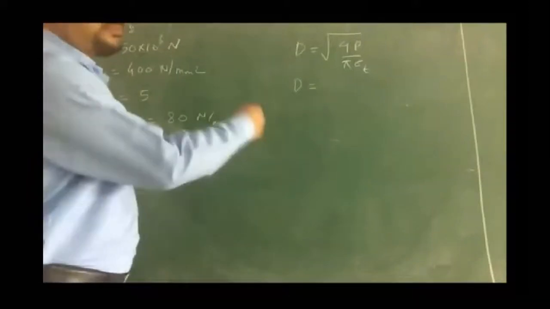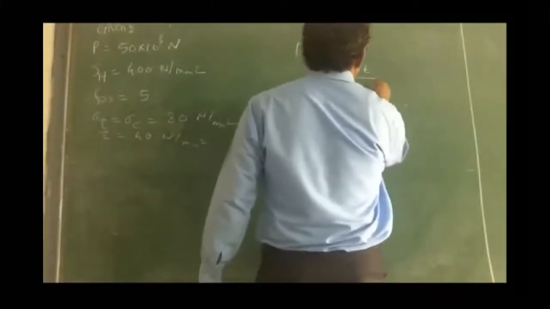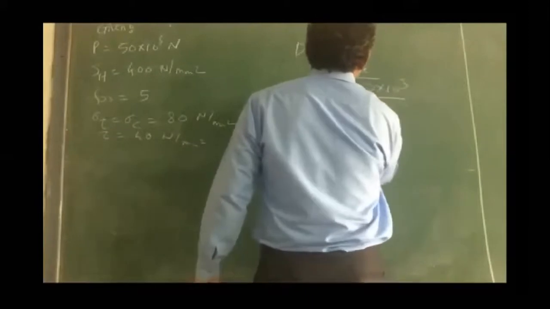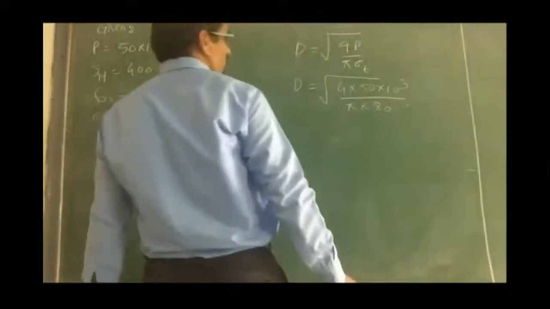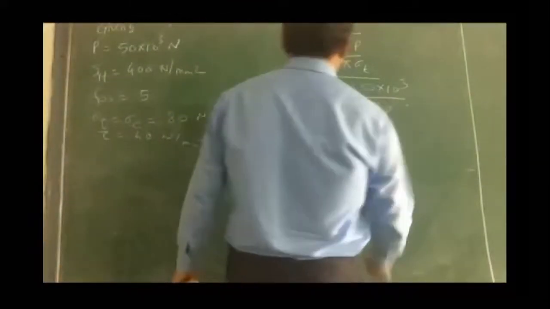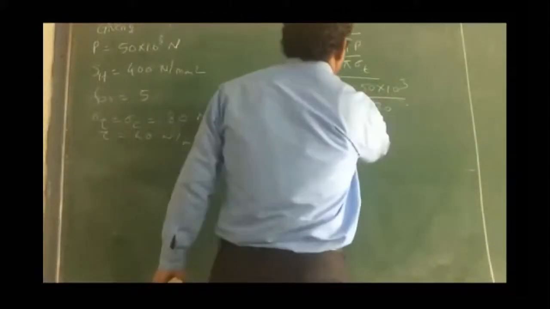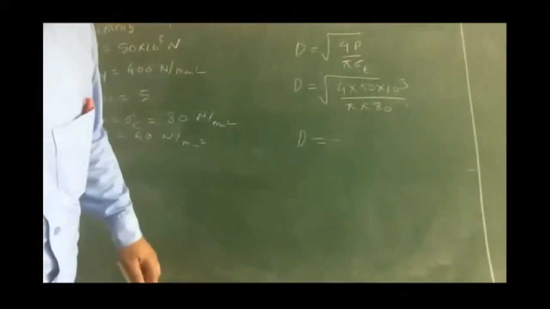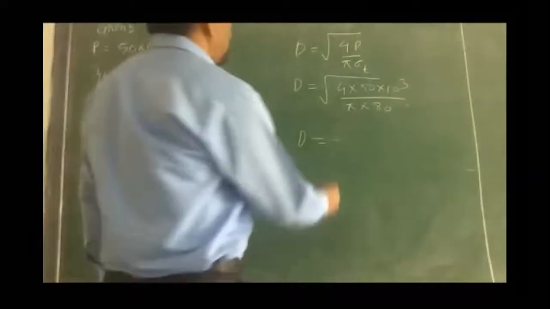So here the load gives d equals root of 4 into 50 into 10 raised to 3, upon pi times the allowable stress of 80. So d comes to around 28.2.